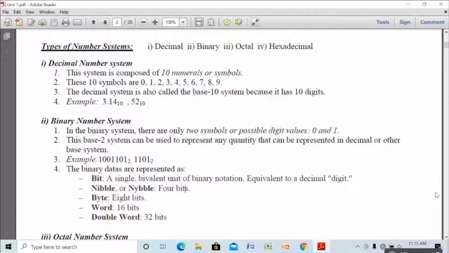In digital, generally there are four number systems: decimal, binary, octal and hexadecimal. Other than this, many number systems exist, but we are going to discuss only these four.